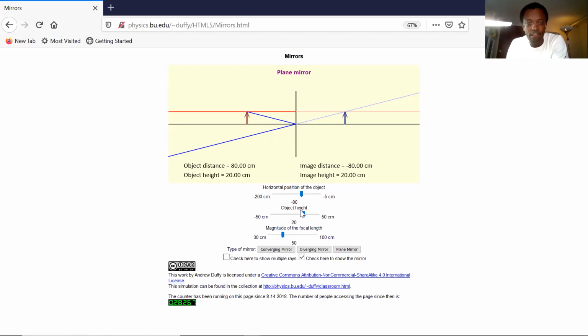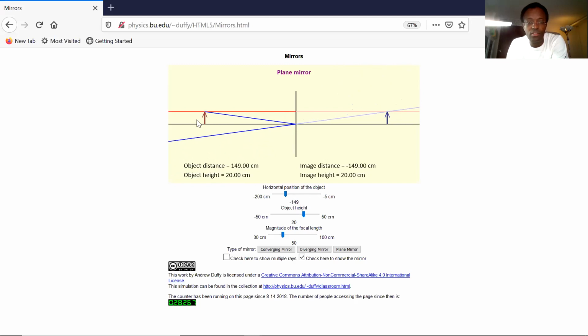I can move the object anywhere I want. I'm moving it by clicking and dragging this little thing where my cursor is pointing, to any distance I want, and you will have to do that.